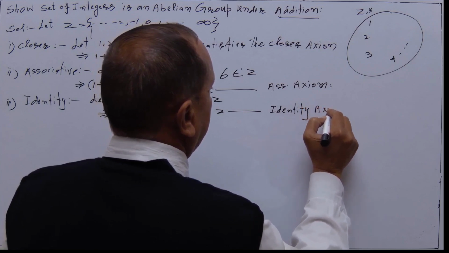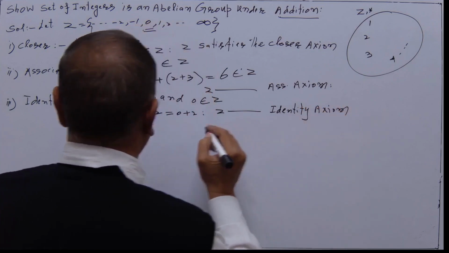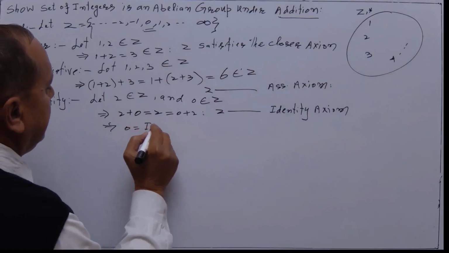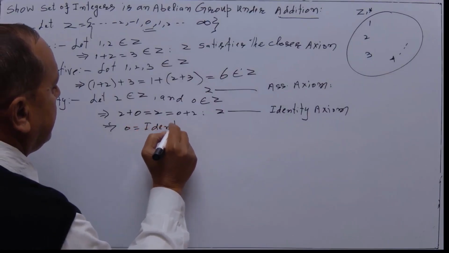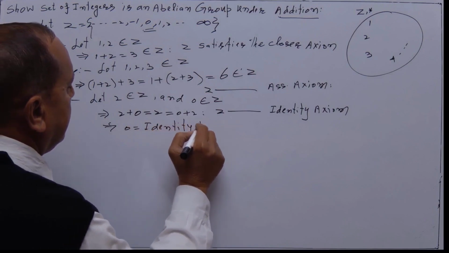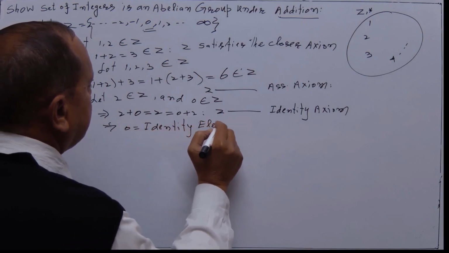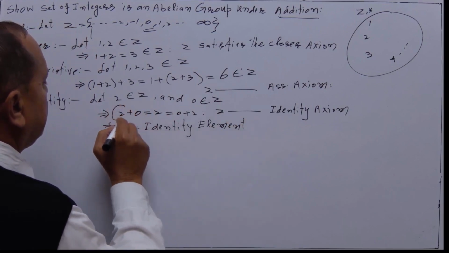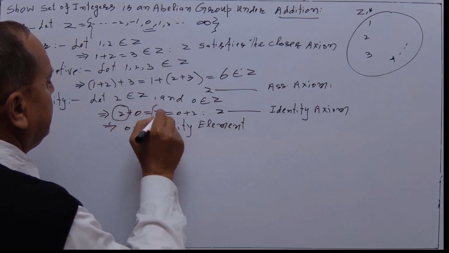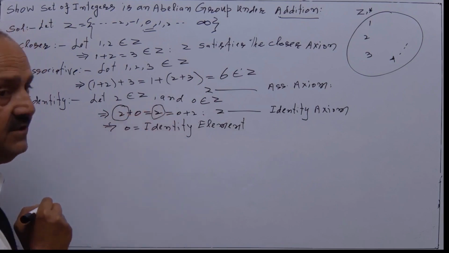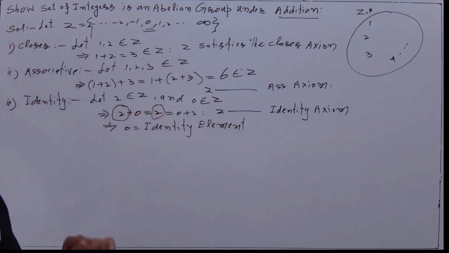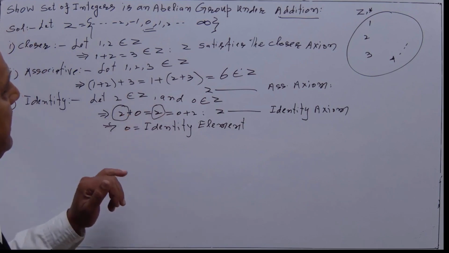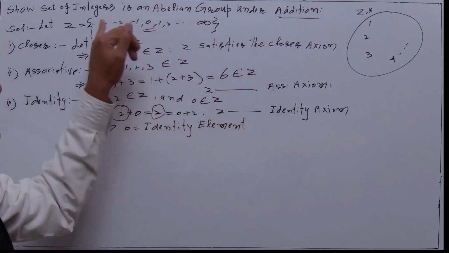So here 0 is the identity element. If you add 0, the value of the number will not change. Here it is 2; when 2 is added to 0, it again remains the same value. So 0 is the identity element in addition of integers.